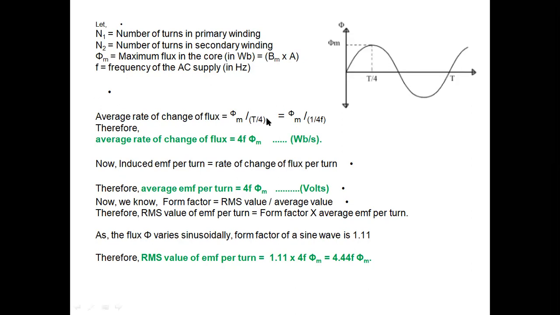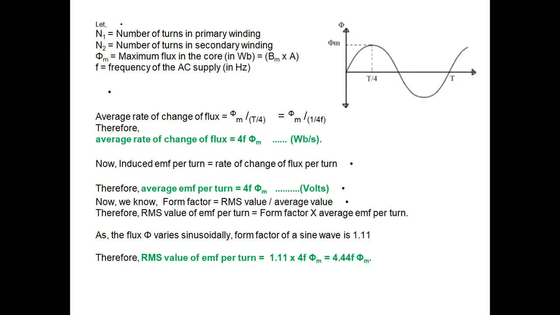So phi m upon 1 by 4f, and this is the rewritten form. Up to that point, we can say our average rate of change of flux is 4 f phi m Weber per second. And as per Faraday's law, this is nothing but the induced EMF per turn.